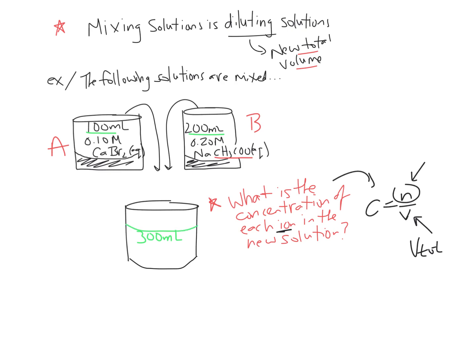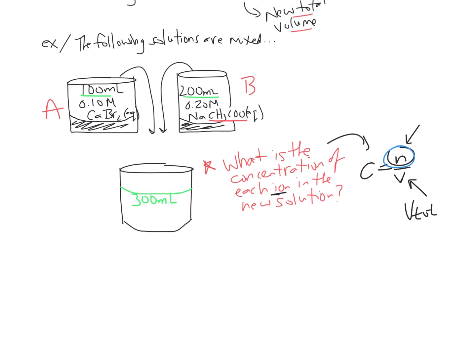Okay, and then we can find the number of moles for each ion using the characteristics of the initial salt. So let's go with the calcium bromide. What's the concentration of the diluted new calcium bromide in solution? Well, we know concentration is going to be moles over volume.